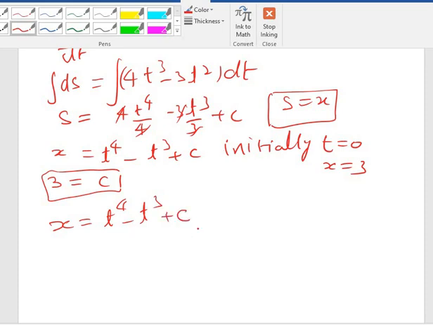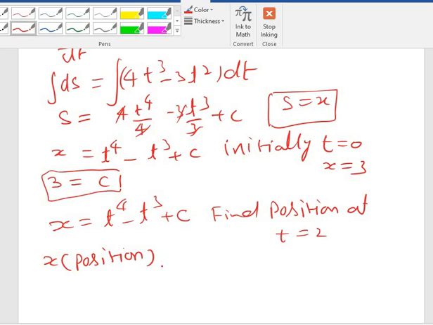Now he wants us to find the position at t is equal to 2. No problem, x means position, equal to t power 4, which here is 2 power 4, that is 16, minus 2 power 3, that is 8, plus c, which is 3.